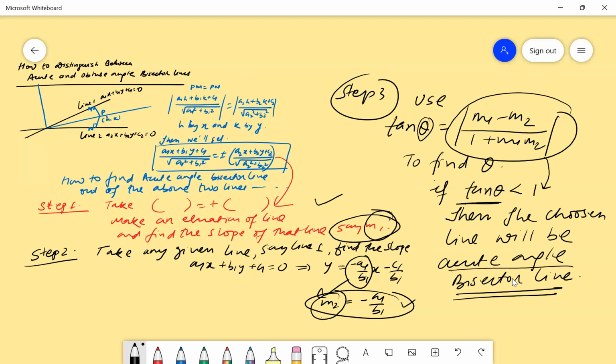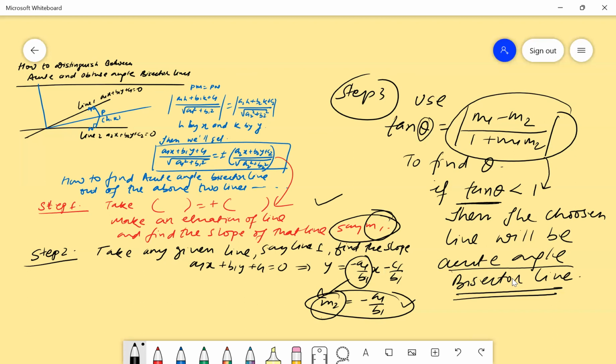So this is the acute angle bisector line. In that case, the minus sign bisector line equation will be the obtuse angle bisector. Had tan theta come out more than 1, this plus sign bisector line would have been the obtuse angle bisector. But since we are getting tan theta less than 1, it will be the acute angle bisector.